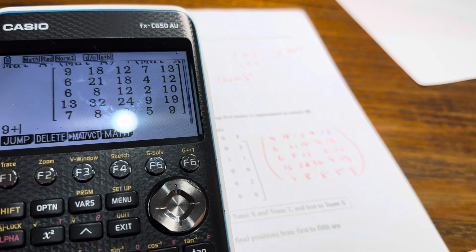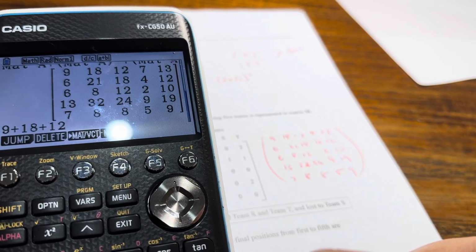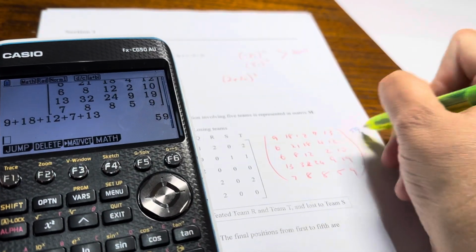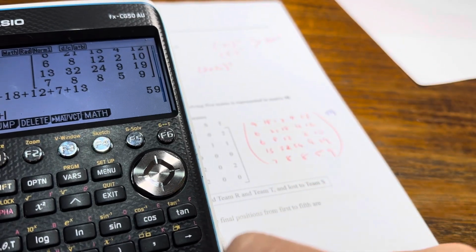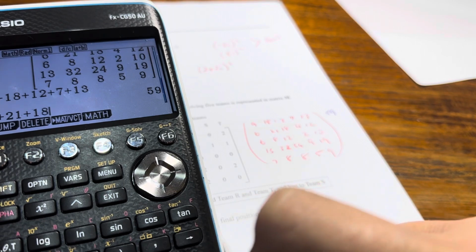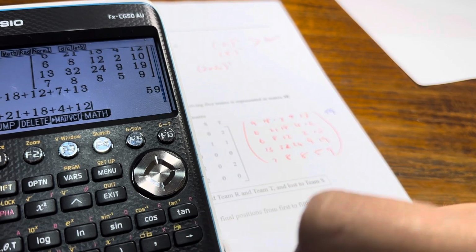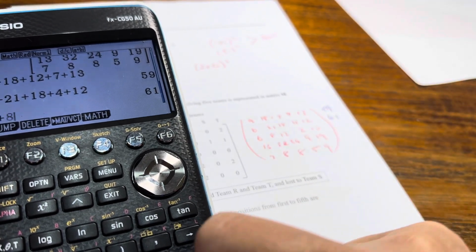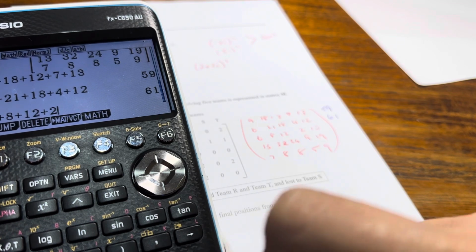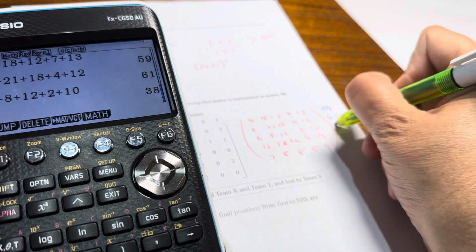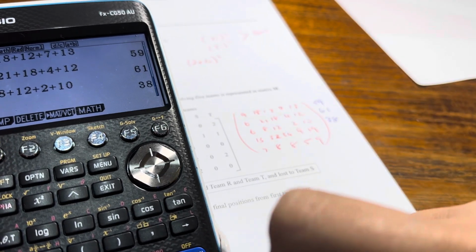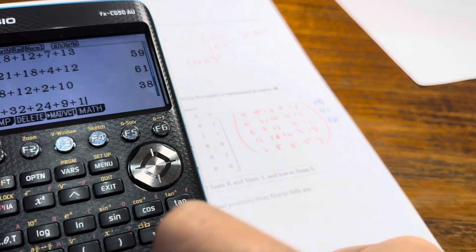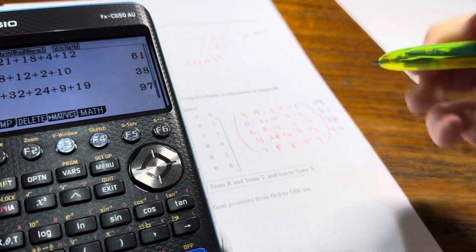So 9 plus 18 plus 12 plus 7 plus 13 gives me 59. 6 plus 21 plus 18 plus 4 plus 12 gives me 61. 6 plus 8 plus 12 plus 2 plus 10 gives me 38. 13 plus 32 plus 24 plus 9 plus 19 gives me 97.